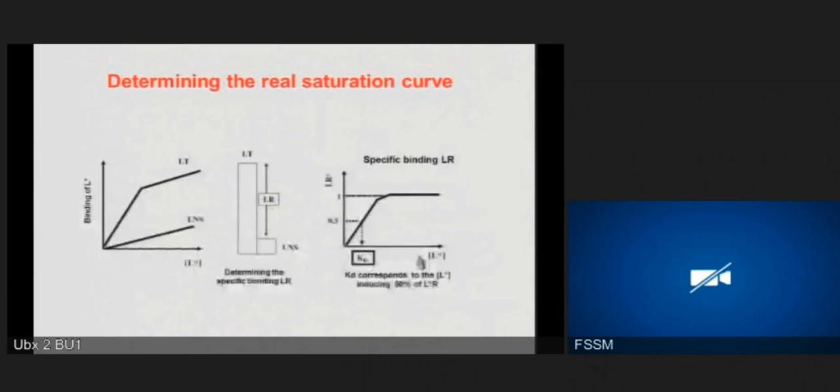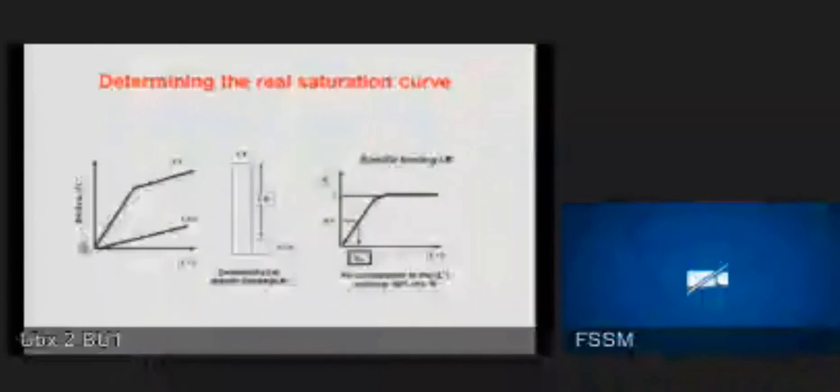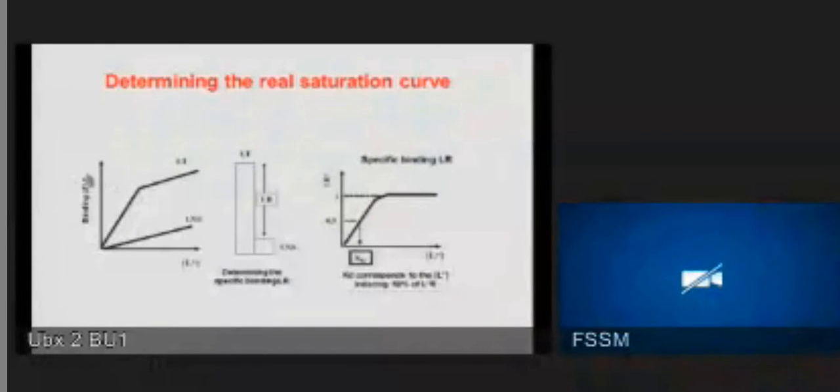So I am explaining this, and I will be more practical with some drawings. So, determining the real saturation curve on the next slide. You have the binding of L on LR, so the occupancy of the receptor, according to the increasing concentration of radio-labeled L. So you can access experimentally only two things.